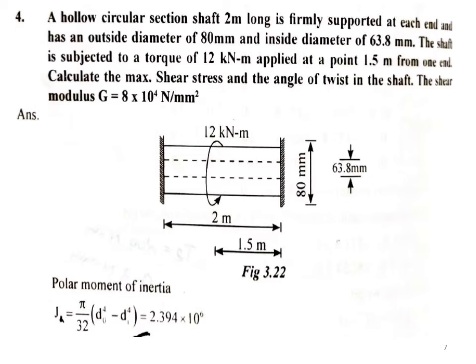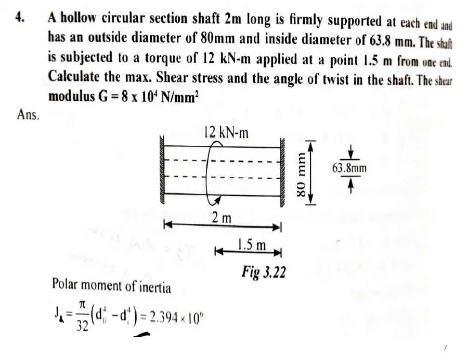A hollow circular section shaft, 2 meter long, is firmly supported at each end and has an outside diameter of 80 mm and inside diameter of 63.8 mm.